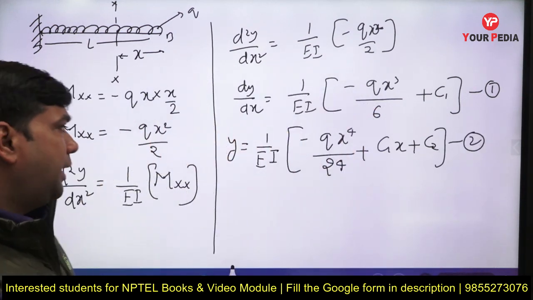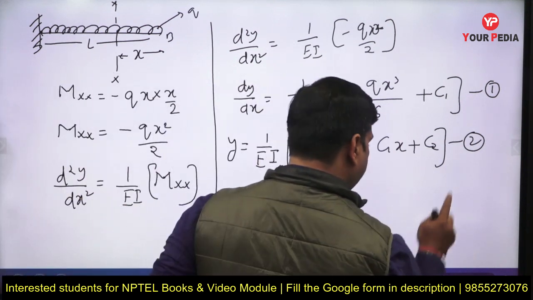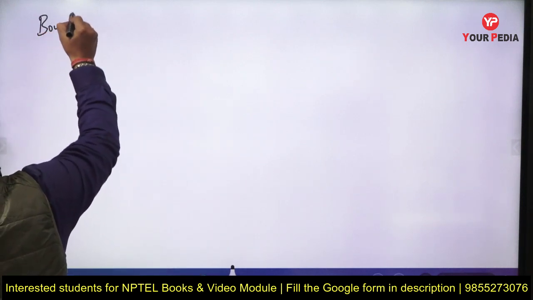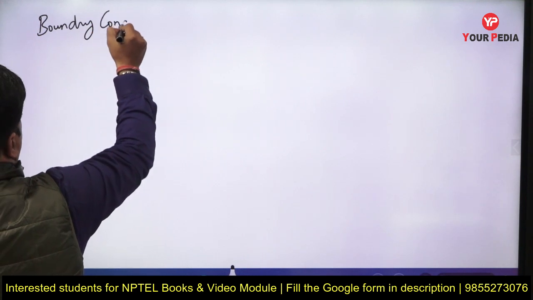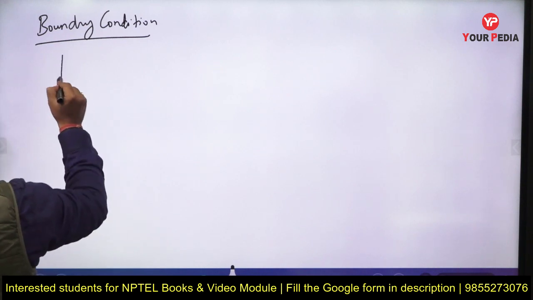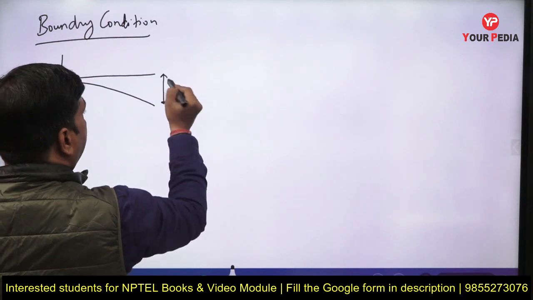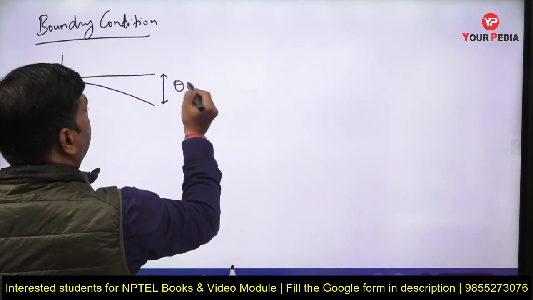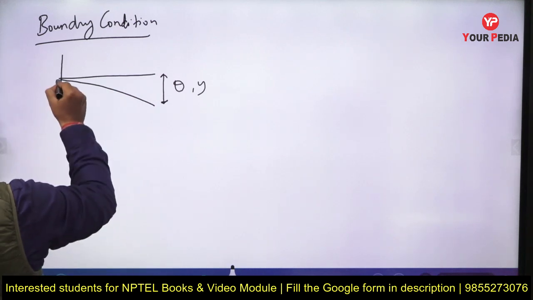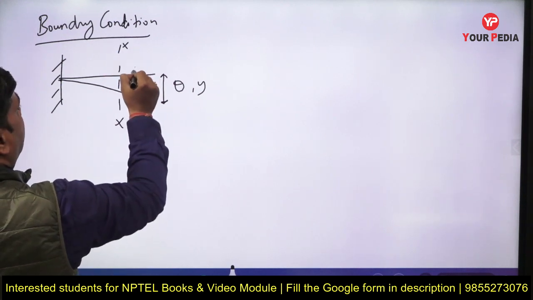For that, you have to find out the values of c1 and c2. For c1 and c2, you take the boundary conditions. What are the boundary conditions here? In a cantilever beam, the maximum slope theta and deflection y occur at the free end, whereas at the fixed end they are 0, and I am taking the section xx from the free end.